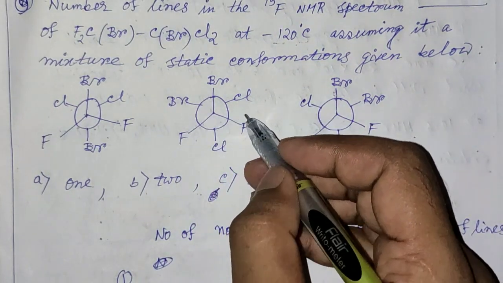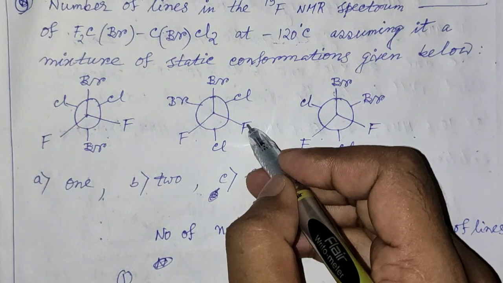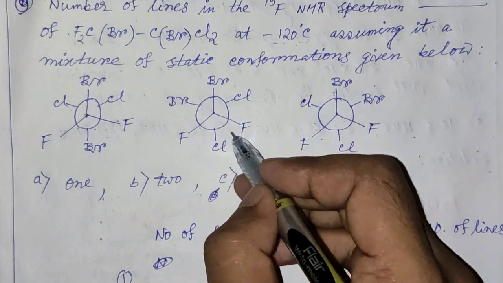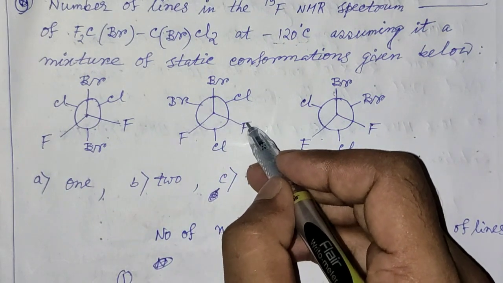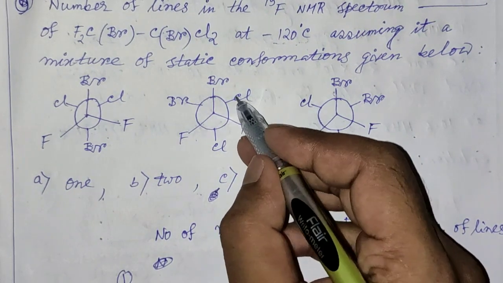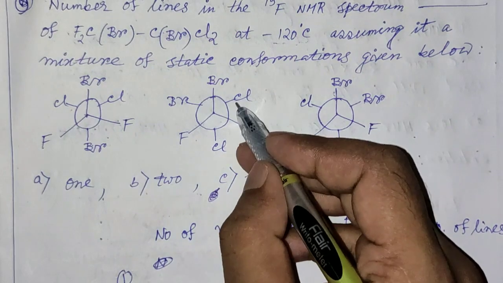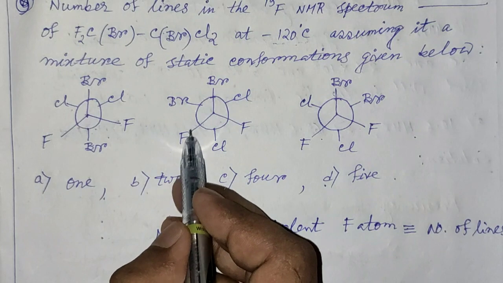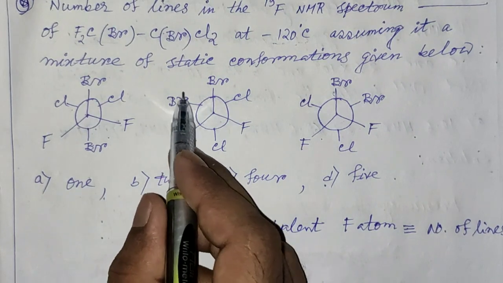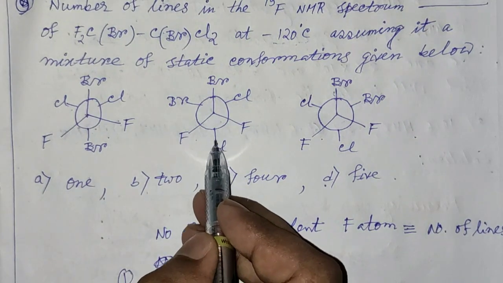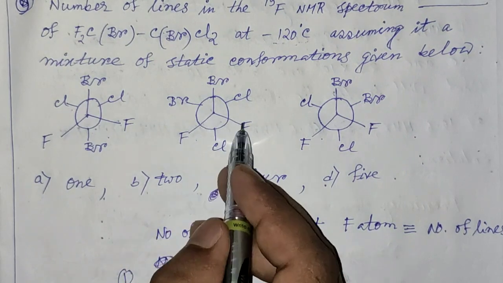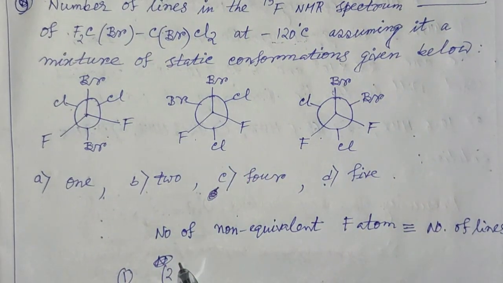On the other way we can think about the chemical environment of this fluorine atom, like there are 2 chlorine atoms gauche towards this fluorine atom, but for this fluorine atom on one side there is a bromine and on another side there is a chlorine. So these 2 fluorine atoms are chemically non-equivalent, and for these 2 fluorine atoms there will be 2 lines.